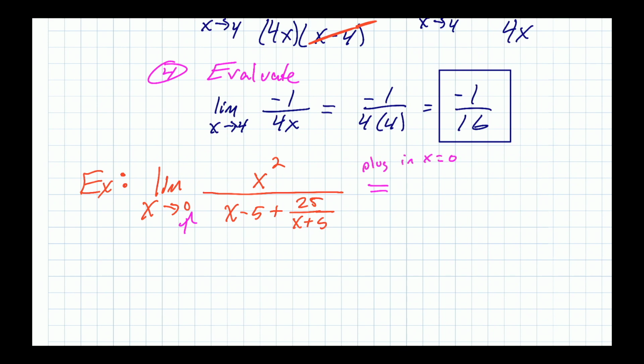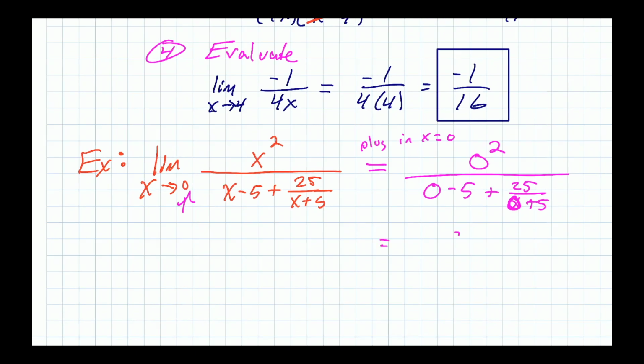What are we going to get? 0 squared on top, 0 minus 5 plus 25 over 0 plus 5. So I get 0 squared over minus 5 plus 25 over 5, which is 0 over 0. That means I do have to go through the steps.